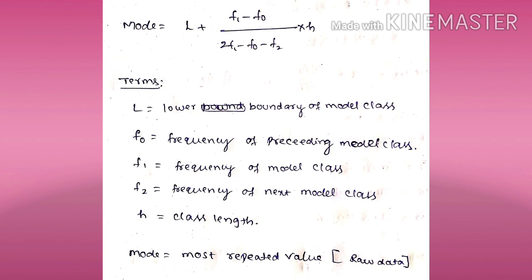This is the formula for grouped data. If it is ungrouped raw data, we can apply the formula directly. The most repeated value of the data is called the mode.